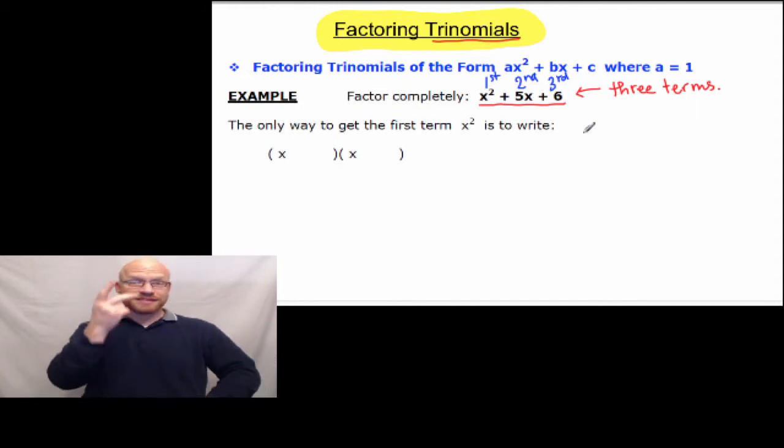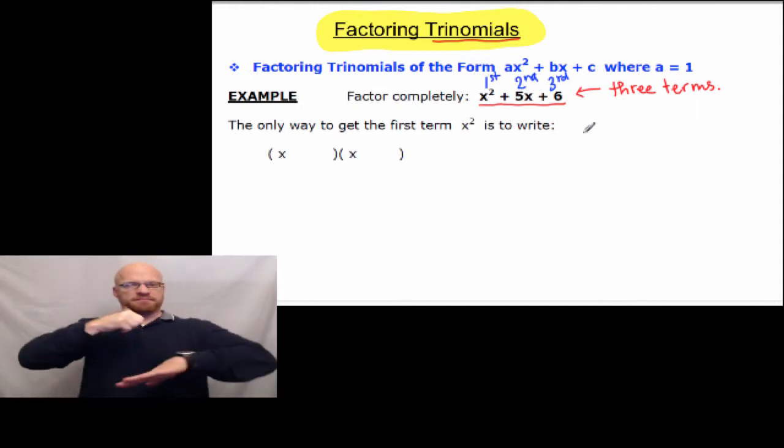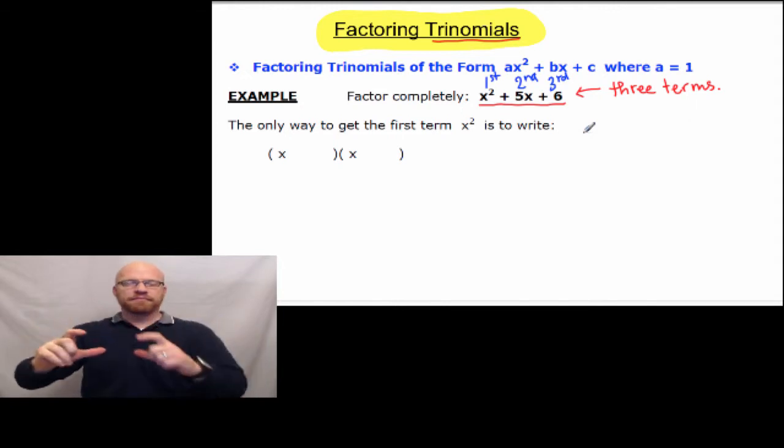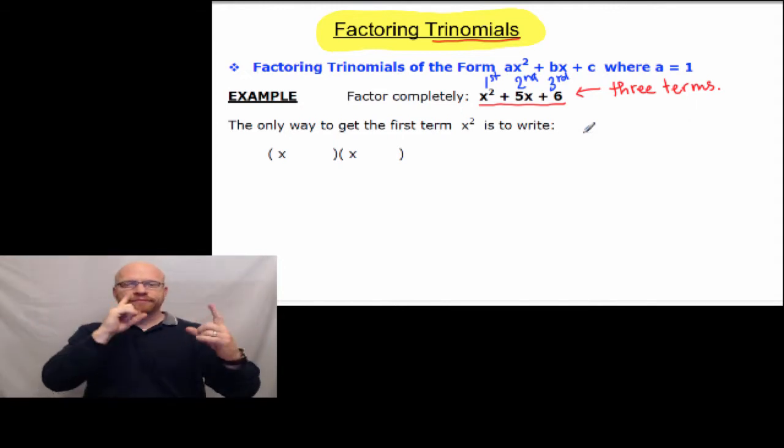Now as we go back, we can look at our first term, and I've already set it up where it's x squared, and we have our two binomials, x and x.